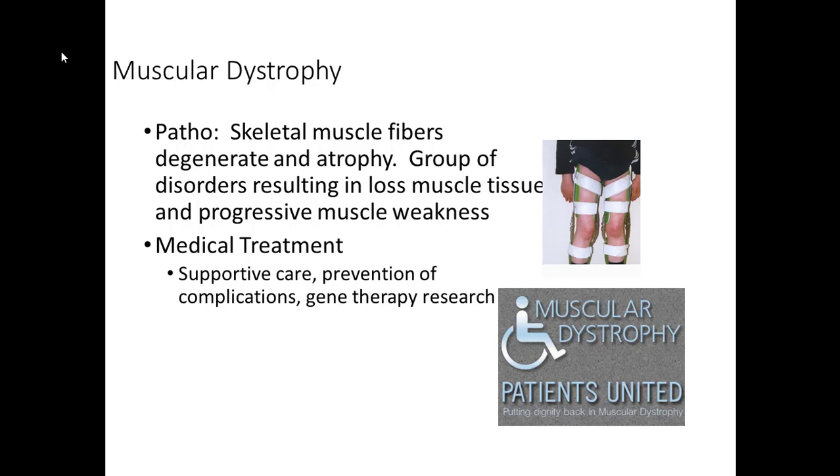Medical treatment for muscular dystrophy is basically supportive care, trying to prevent complications, if they're immobile, like pneumonia. We want to make sure they're not getting pneumonia. Yeah, it's inherited. It's genetic. That's all there is on muscular dystrophy. There isn't a whole lot.